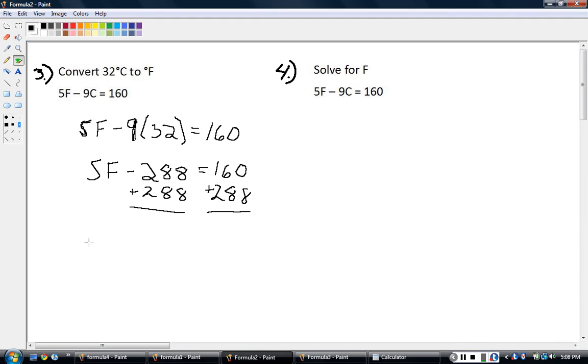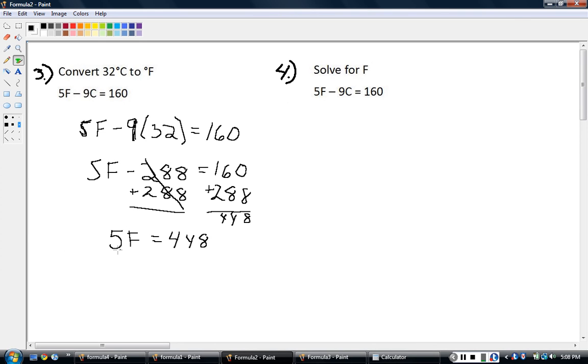And now I can get my F term isolated. 5F, that's gone, right, equals 160 plus 288. Okay? If I add those together, I should get 8, 4. Okay, we'll just use your calculator. 8, 4, carry the 1, 448. Okay.